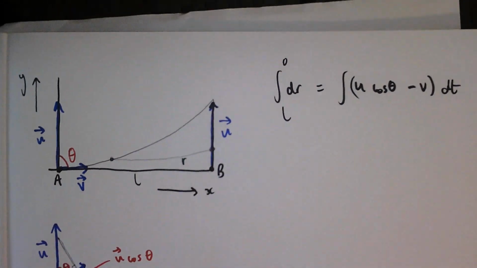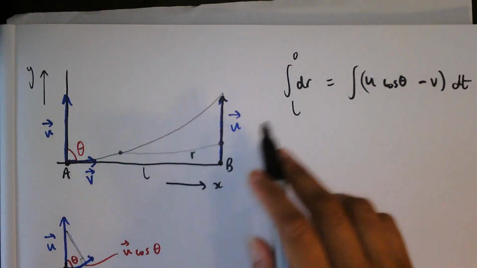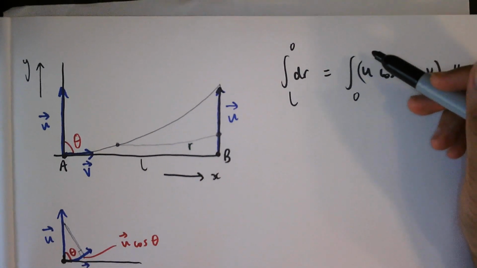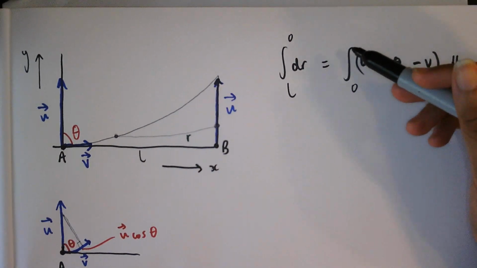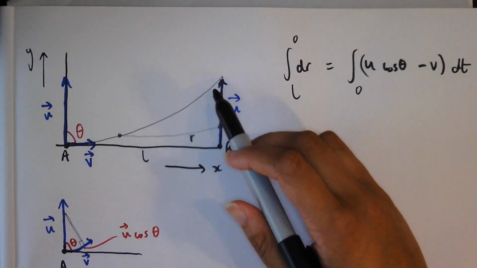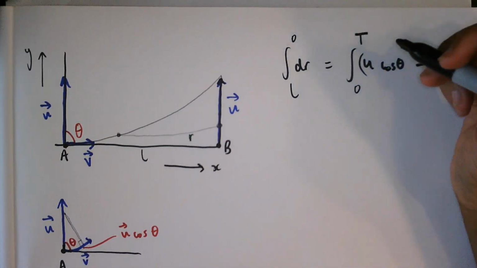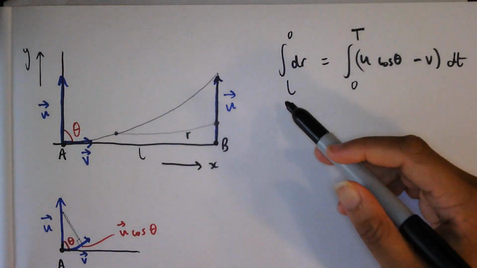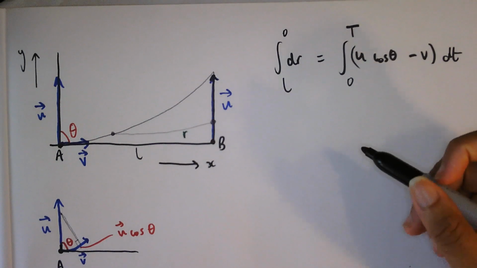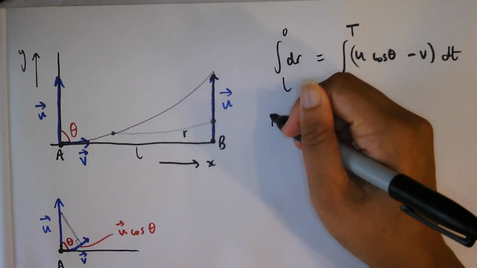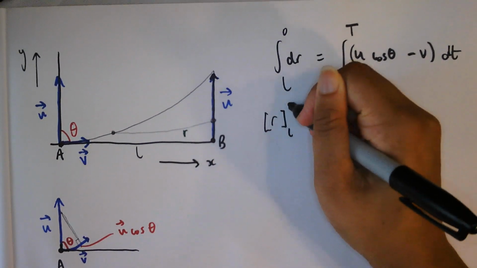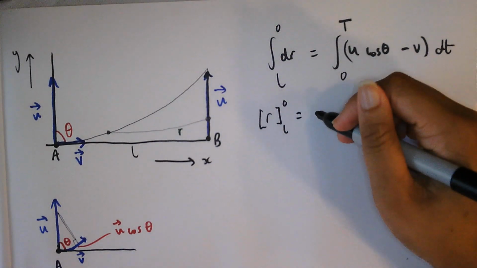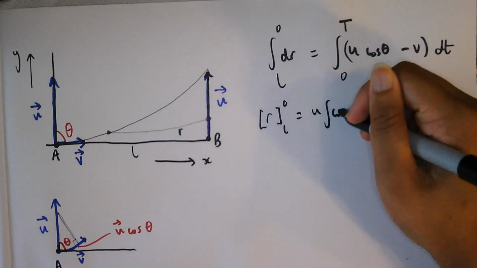Initially, at time t equals 0, up to some unknown time, the time it takes for the 2 points to collide, which I'm going to call capital T. And now I can integrate this. On the left hand side I'm going to just have r from L to 0, and on the right hand side I'm going to have u times the integral of cos theta.